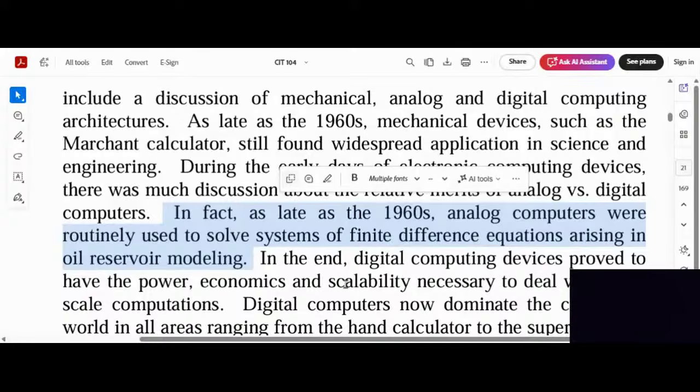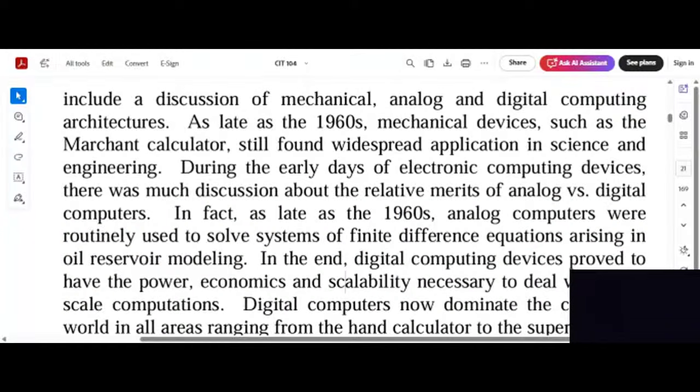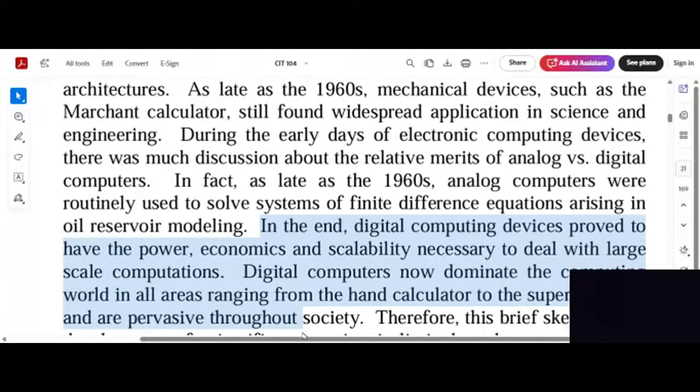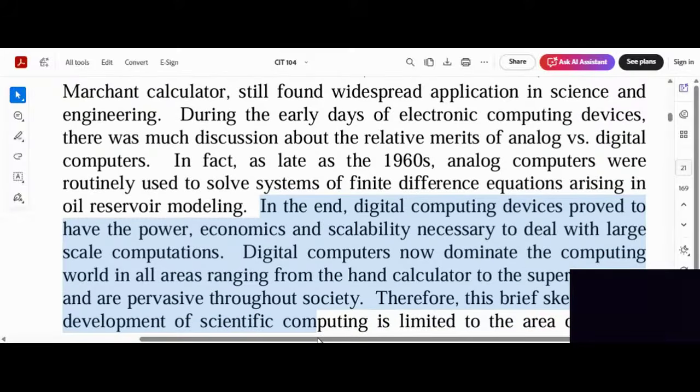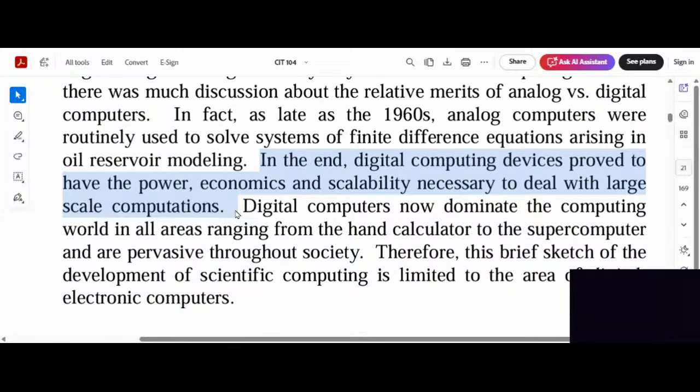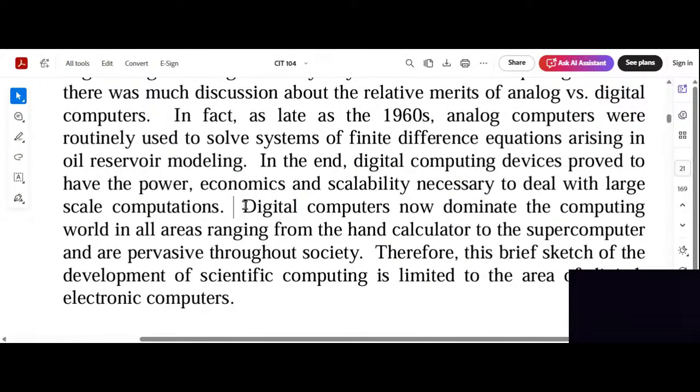So digital computing devices proved to have the power, economics, and scalability necessary to deal with large scale computations. So digital computers now dominate the computing world in all areas, ranging from the hand calculator to the supercomputer, and are pervasive throughout society.